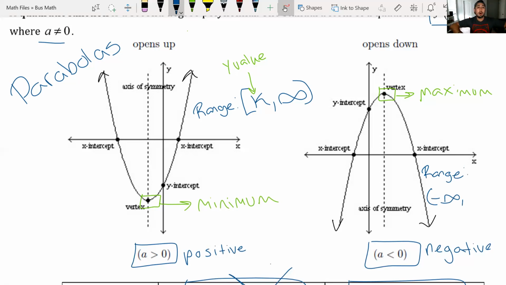We come all the way up to the vertex, which holds the largest y value of the whole graph. We come all the way up, and we stop at k, the y value of the vertex. And again, just to show you, the vertex is always noted as (h, k).